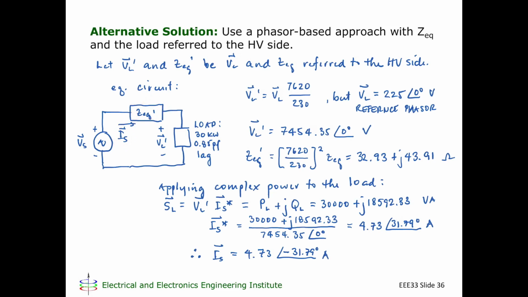I know I_S, I know Z_EQ prime, I know V_L prime, I should be able to get V_S from KVL. Okay? So KVL: V_S is I_S multiplied by Z_EQ prime plus V_L prime.